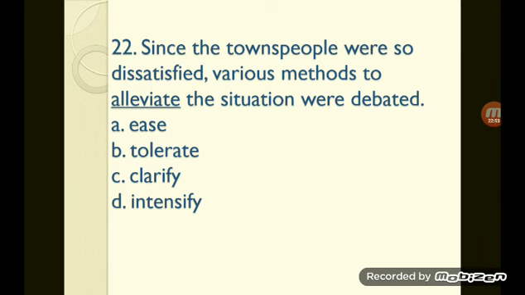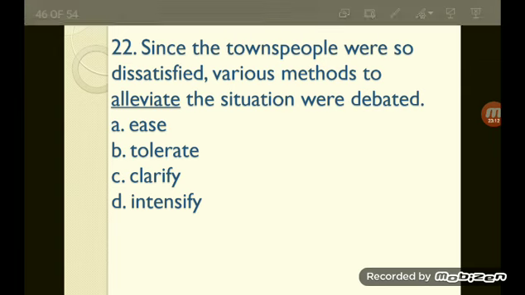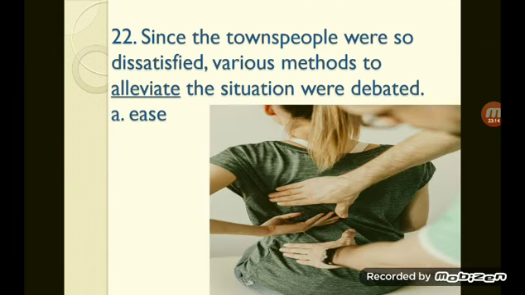Okay, so because the people are dissatisfied, you want to ease the situation. So alleviate means to ease, not to tolerate, clarify, or intensify. Intensify is the opposite actually. So here you see one person trying to alleviate the pain, ease the pain.